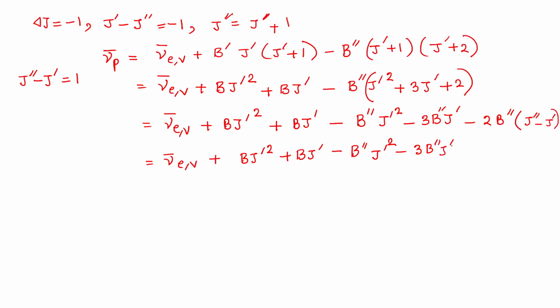It would have been 2b dash, J dash, J double dash. There is nothing like that, and it will be 2B double prime J dash. Something like this is there, 2B double dash. Here, see, 2B double prime J dash. So we can take only one.